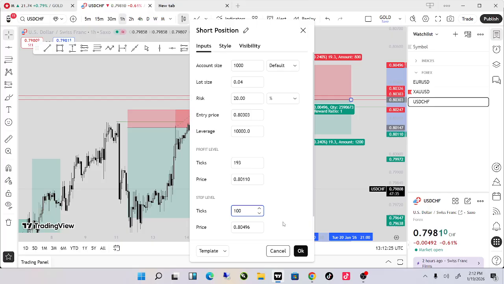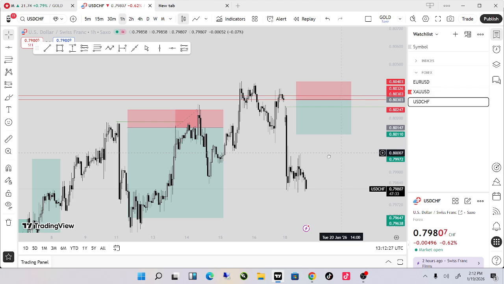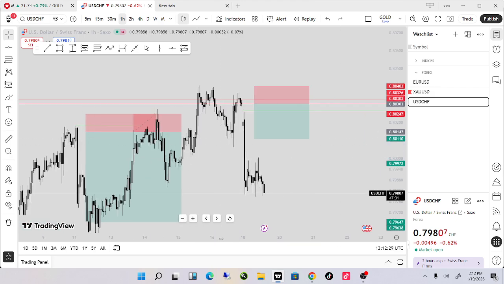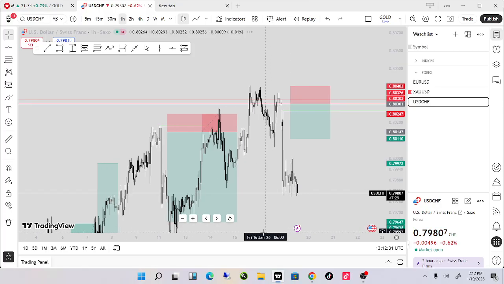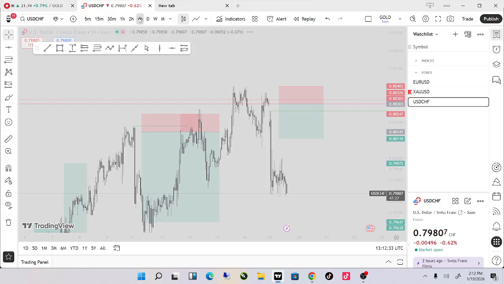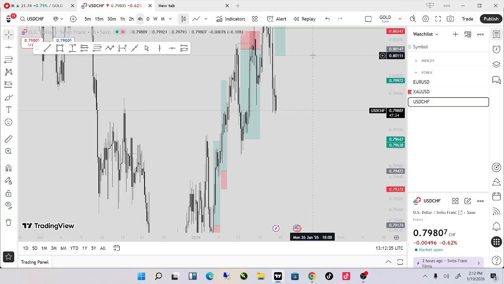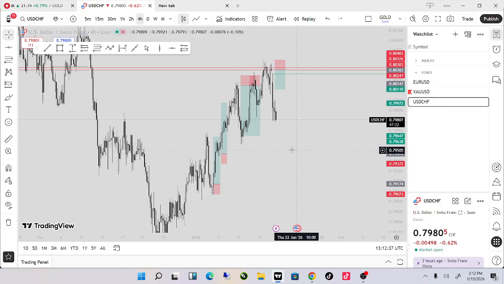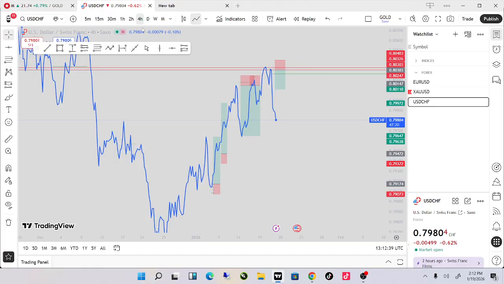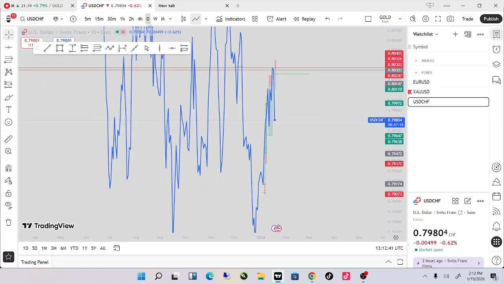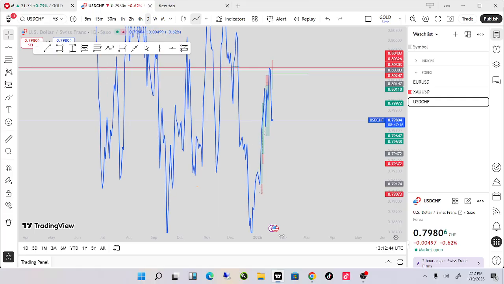Stops are going to be 10 pips. Then let's go to 4 hours. Let's see. Daily. All right. Let's see how this goes.